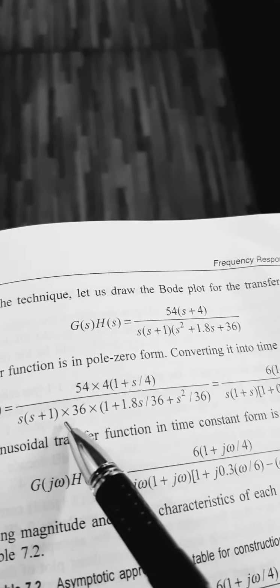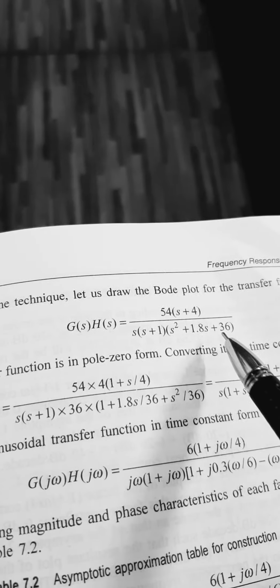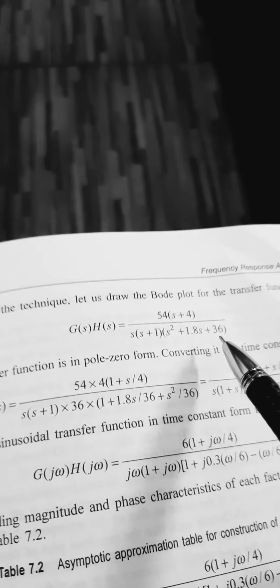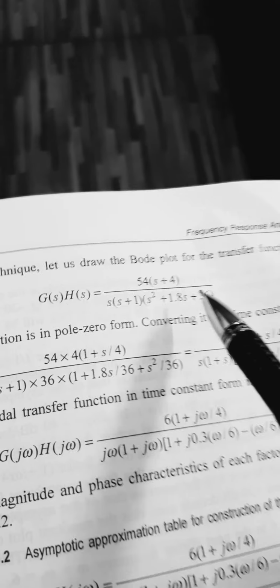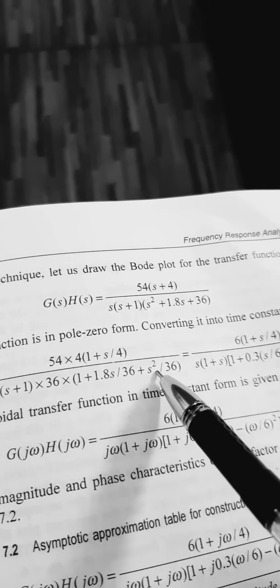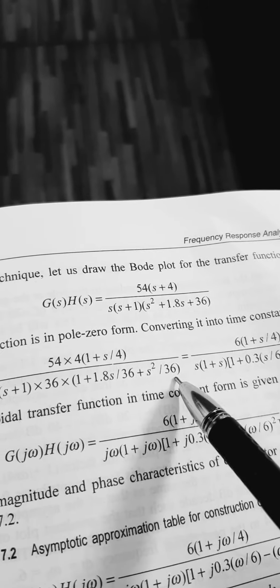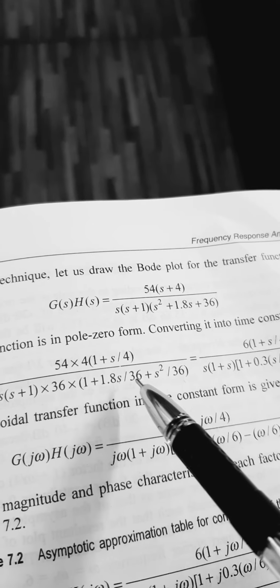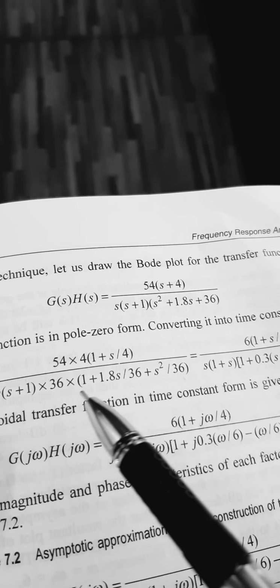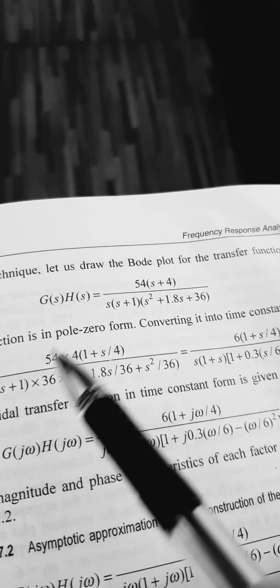Here s into s plus 1. But for the quadratic you have to divide by 36, and take 36 outside, so you will get s square by 36, then 1.8s by 36, then 1. So this is the time constant form.